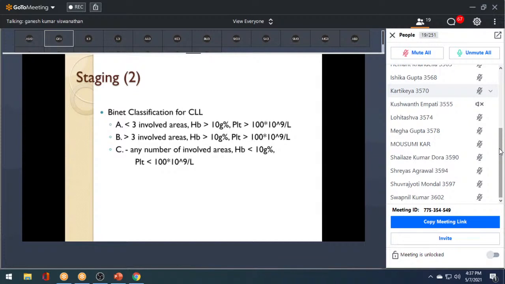The more the lymph nodal areas, the higher the classification and the more aggressive the behavior of the disease. Again, the presence of anemia and thrombocytopenia indicates that the disease has involved the bone marrow. Involvement of bone marrow is a very late stage, and it indicates a poorer prognosis.